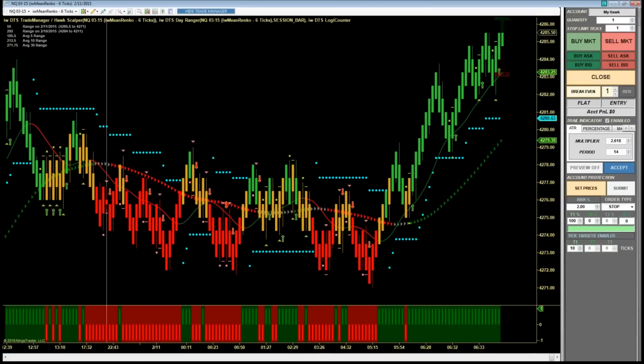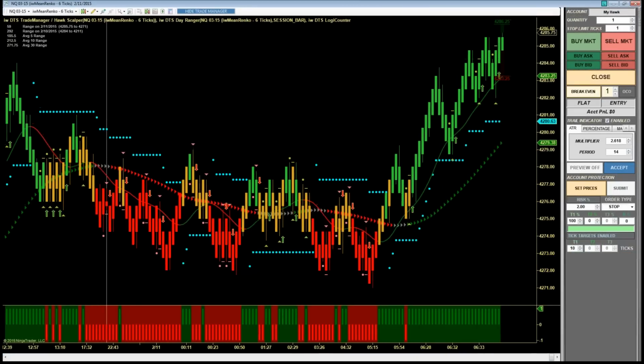As with the Hawk, the Falcon also looks for signals to have confluence. In other words, and I don't think I mentioned this to you on the Hawk, you're going to notice here the Hawk generates a lot of signals through here. This part down here, we wouldn't actually take these signals because everything is out of sync.